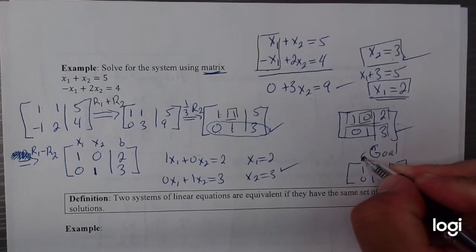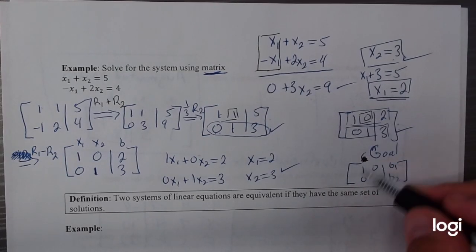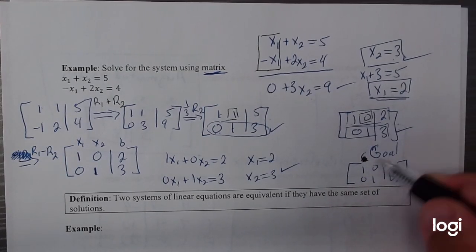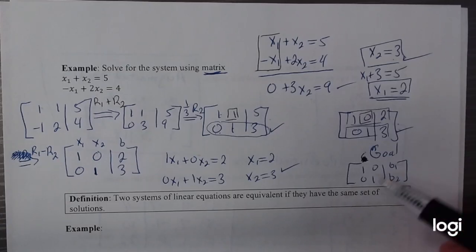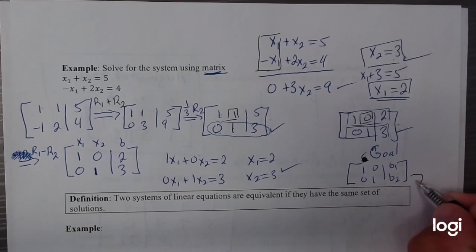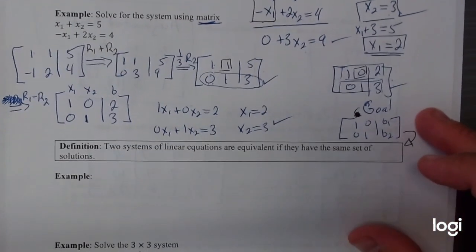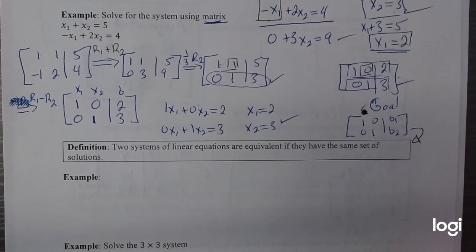I'm not sure why your textbook doesn't tell you that to begin with. Why this is important. It's called the identity matrix. We'll talk about that later on. But that's our goal we're going to deal with. Okay? Now, technically, it kind of gives you a hint right here for this definition, but doesn't explicitly tell you. It says two systems of linear equations are equivalent if they have the same set of solutions.